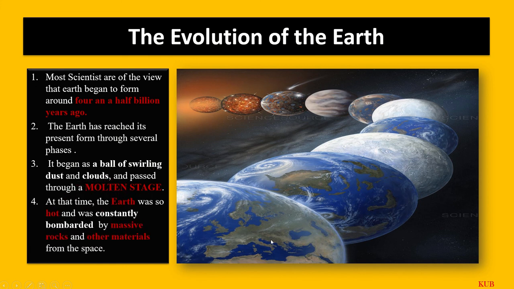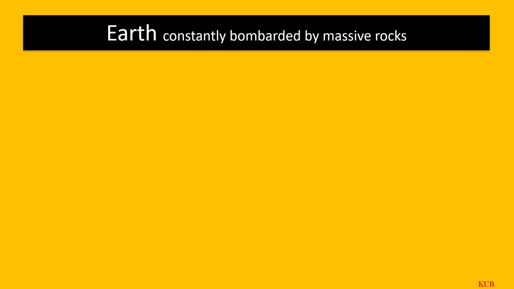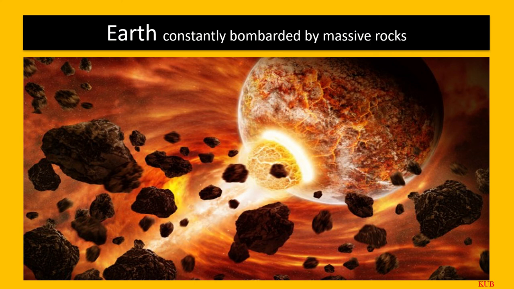At that time, the Earth was so hot and was constantly bombarded by massive rocks and other materials from space, as you can see in the picture. In this way, the size of the Earth grew.